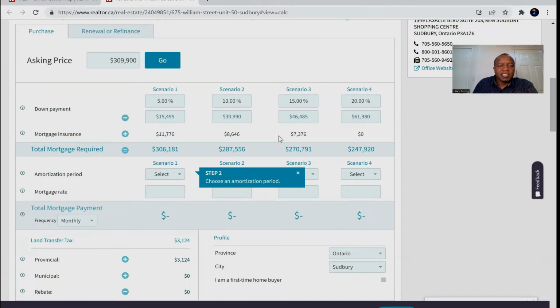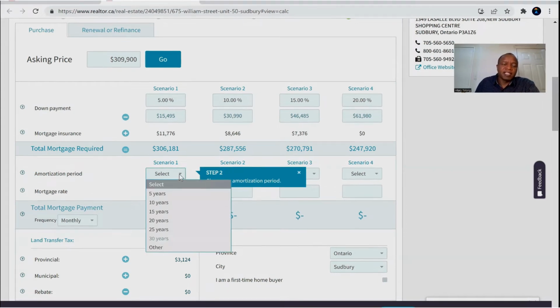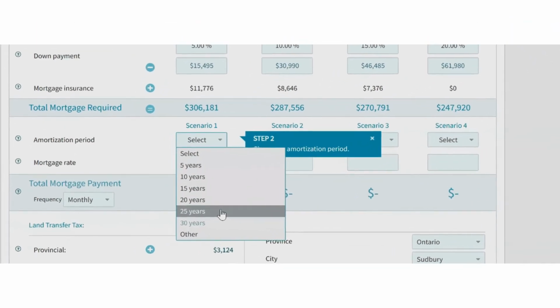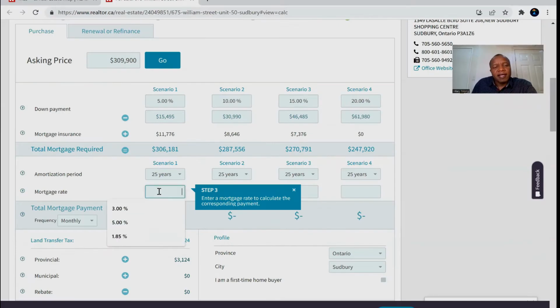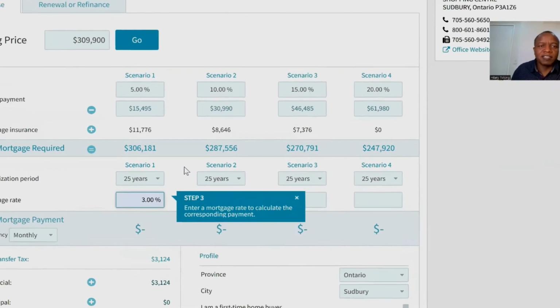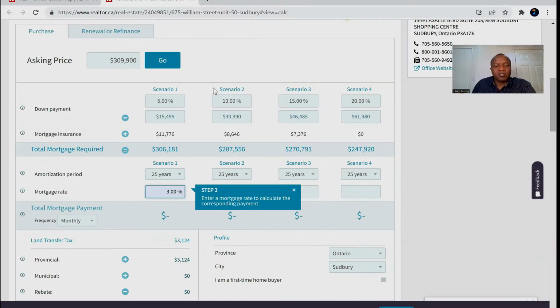Let's go to the calculation. The amortization period, this is how long you would have the mortgage. And normally it would be 25 years for most people. Let's talk of a mortgage rate of 3%. Of course, currently the mortgage rate is around 2% or 2.4%. Let's just use 3%. What you do is you'll just click go.